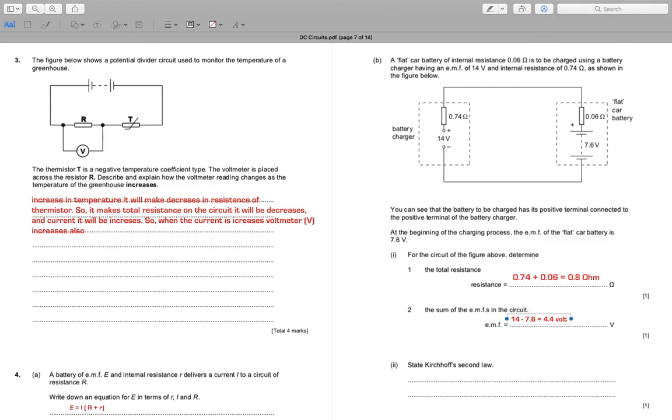Why not plus? Because the polarity does not continue as plus, negative, plus, and so on. But here the case is positive, positive, negative, negative. So this is minus: 14 minus 7.6 volt.